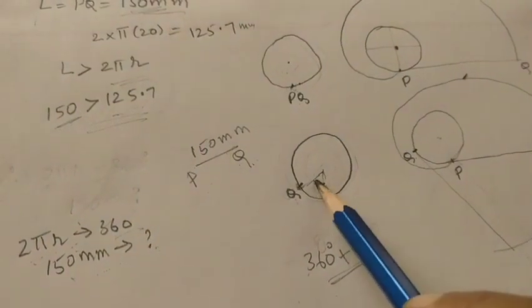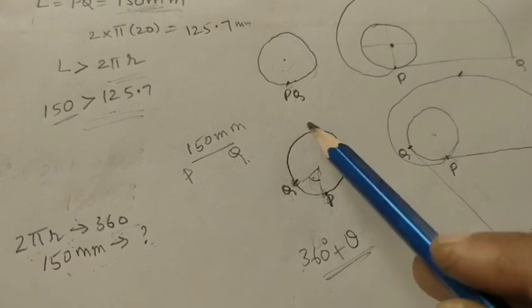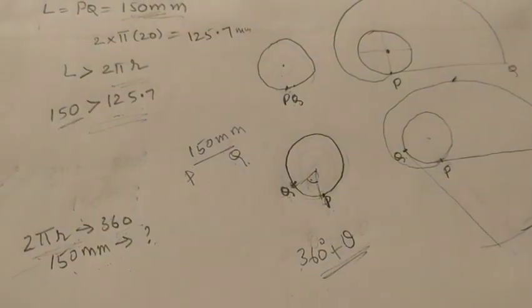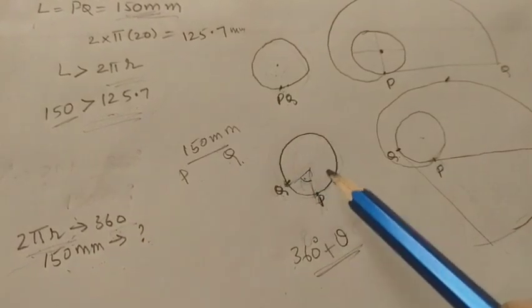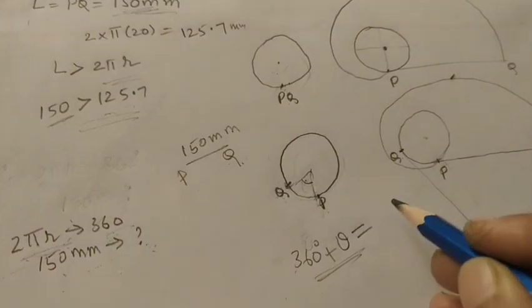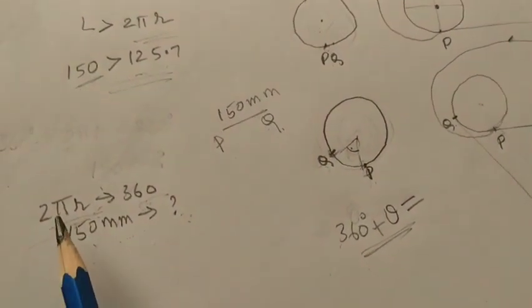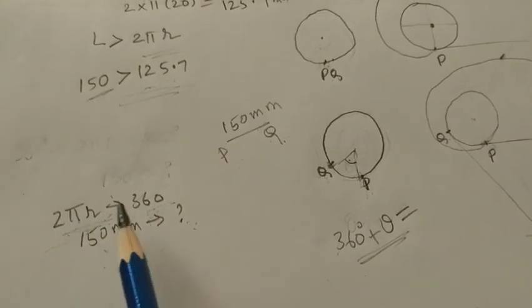Now how do we find this angle, the position of Q? P and Q are at the same point. The complete thread is 2 pi r in length, the circumference. For 2 pi r length, 360 degrees. For the total length of the thread, for 150 mm, how much angle? It will give this complete angle. Let us assume the circumference is around 125.7. For less length, 360 degrees.